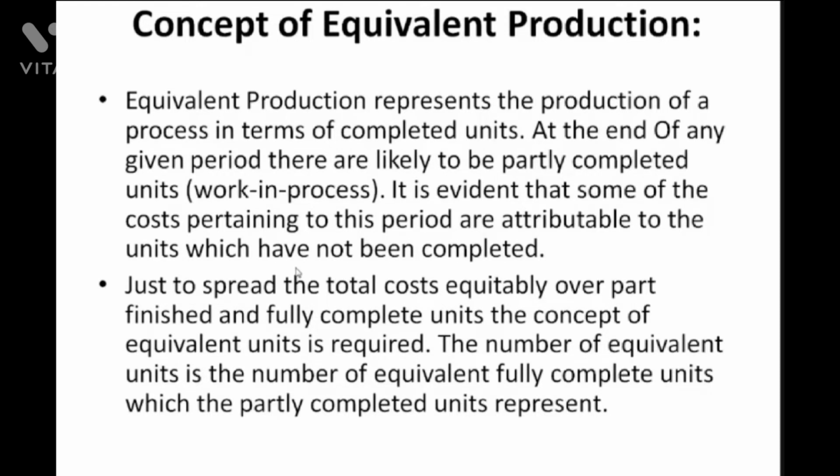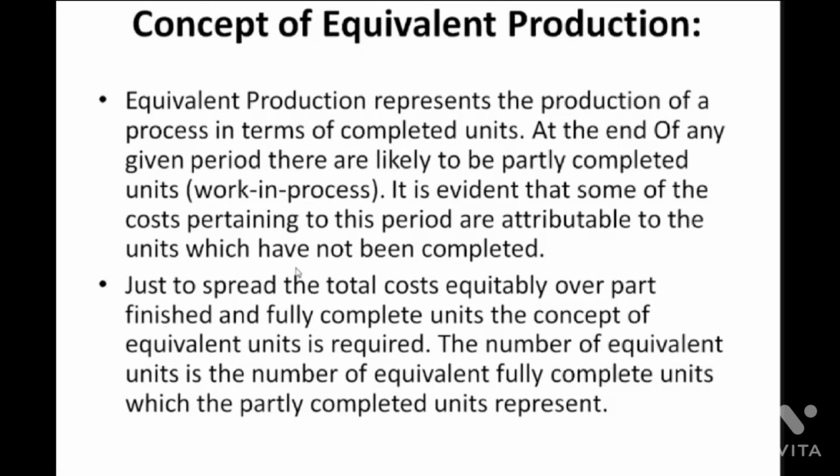As you can read on your screen, equivalent production represents the production of a process in terms of completed units. That means incomplete units presented as completed units, for the purpose of allocating cost, for determining the cost per unit.